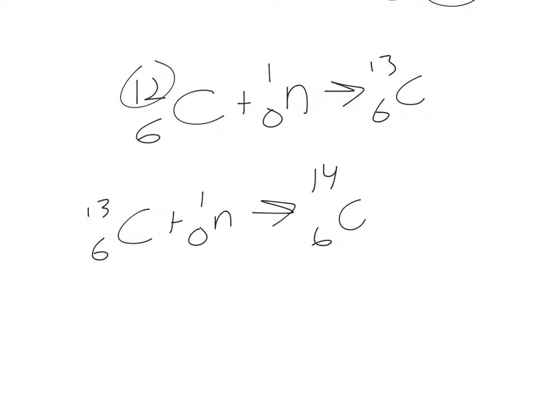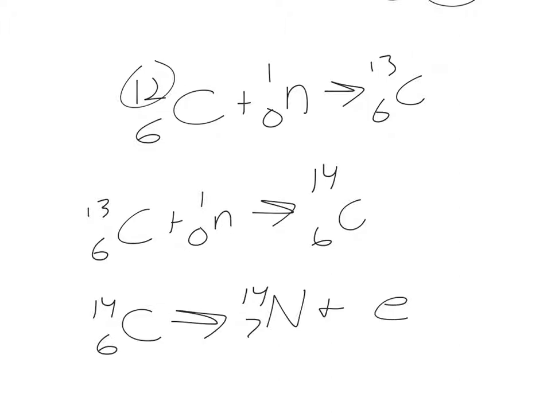Now we're making this carbon too big, and it's going to try to fall apart. Carbon-14 spontaneously undergoes a decay, kind of like a fission, turning into a nitrogen atom and an electron.